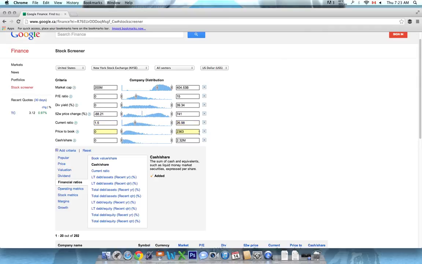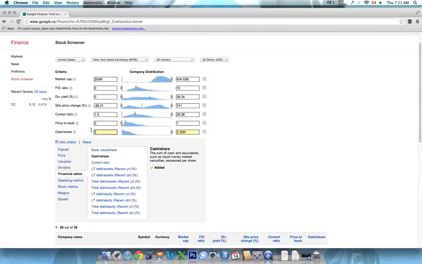Now for price to book, we're going to just put 0 to 1, so we're looking for stocks trading underneath their book value. And then cash per share, let's make sure they have 0.1 in cash per share so that they're not totally cash poor. Oh, that didn't work. So we'll just do 1.